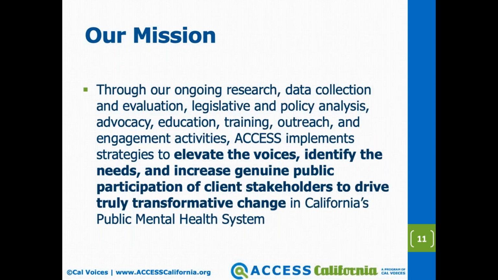So through our ongoing research, data collection and evaluation, legislative and policy analysis, advocacy, education, training, outreach, engagement activities. It's a lot. Access implements strategies to really elevate the voice of individuals with lived experience and identify the needs and increase genuine public participation of client stakeholders to drive truly transformative change in California's public mental health system.